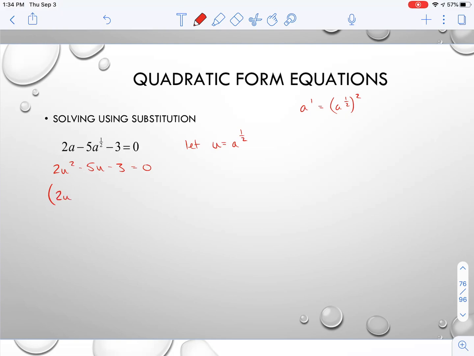I know I must have a 2u and a u for these two leading terms in each binomial. Now I know I have either a +3 and a -1, or a -1 and a +3 in some fashion here. I know I need to have a -5u, so the sum of my products for the middle term when I combine like terms needs to be a -5u.